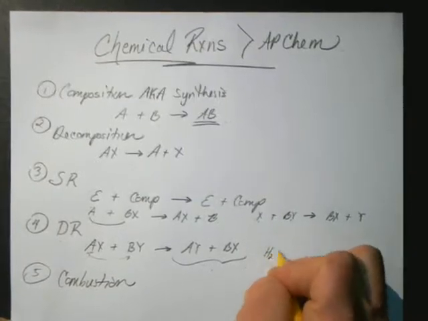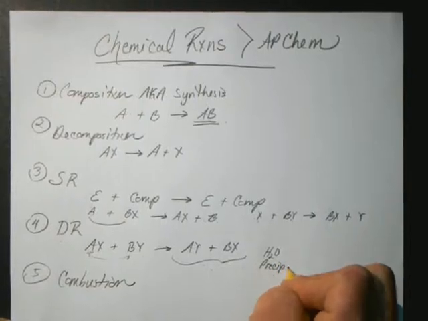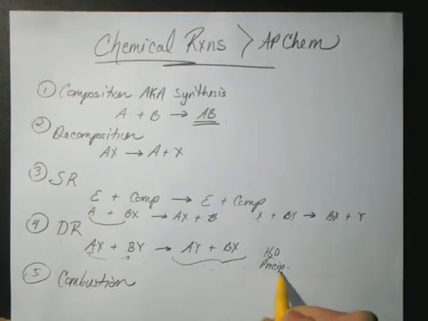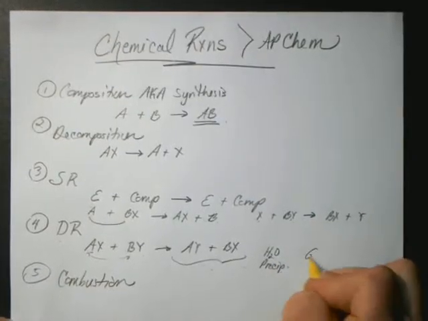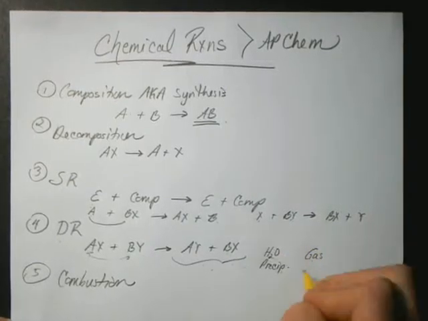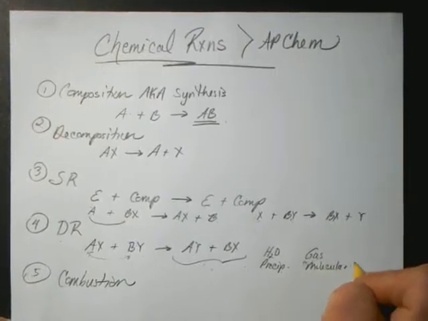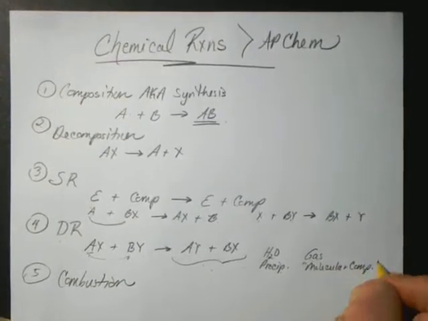Namely, if we create water, if we create in our products a precipitate or an insoluble compound, if one of our products is a gas, or if one of our products is a molecular compound that will not significantly ionize or dissociate.